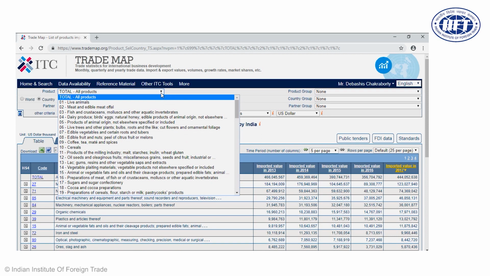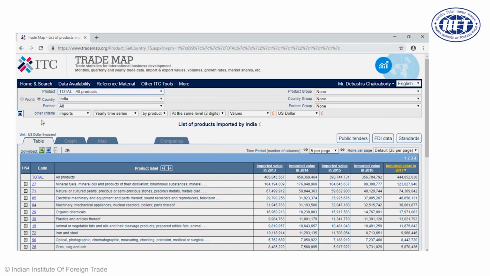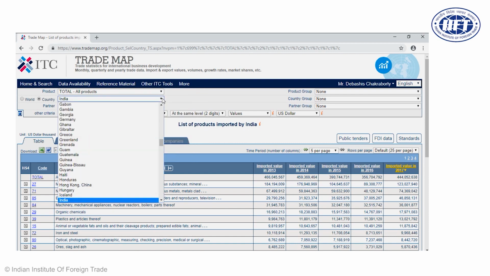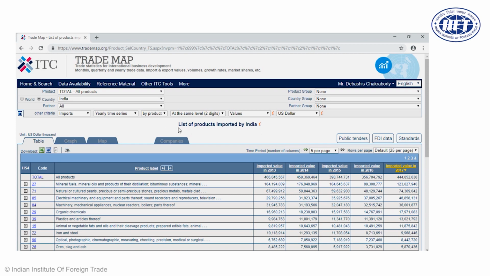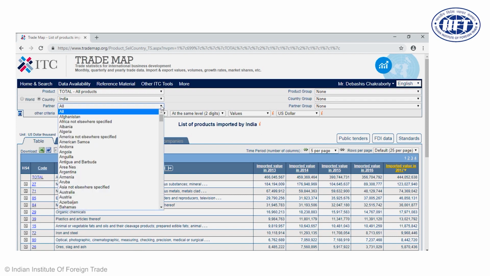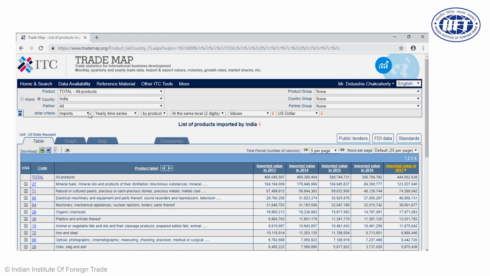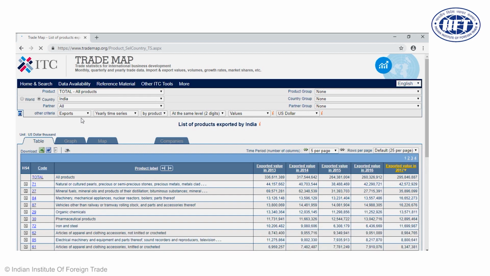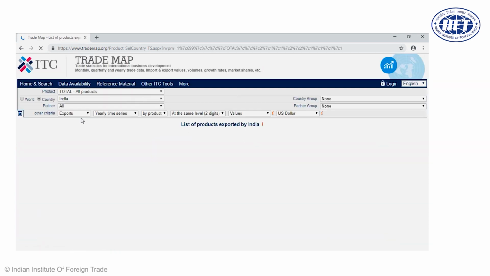There is a product window from which you can select your product at HS 4, 6 digit level. You can select an exporter, which can be India, for your product. You can select any trade partner of India from the drop-down menu. You can select export or import, but I think we should be going for the exports because we are interested in that only. So let's go for the login once.